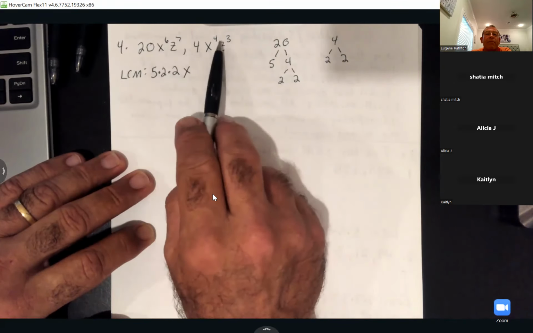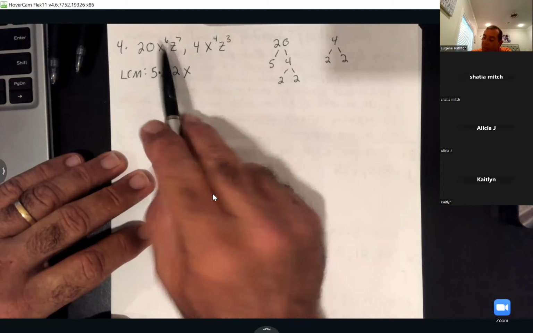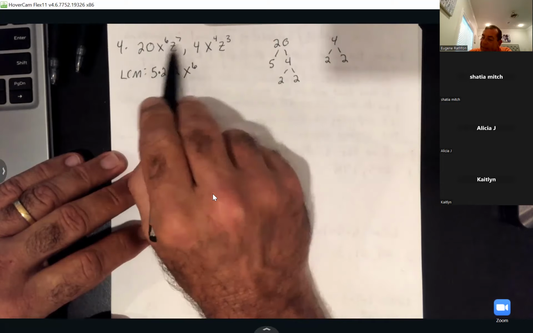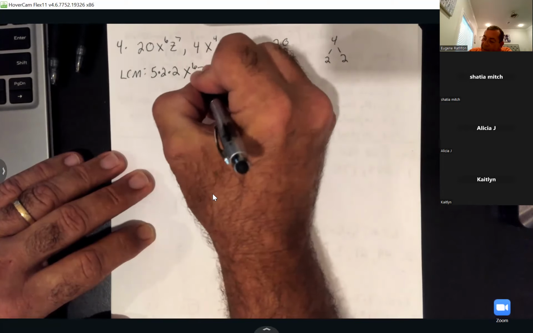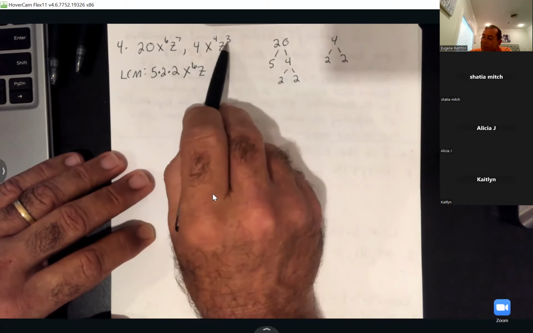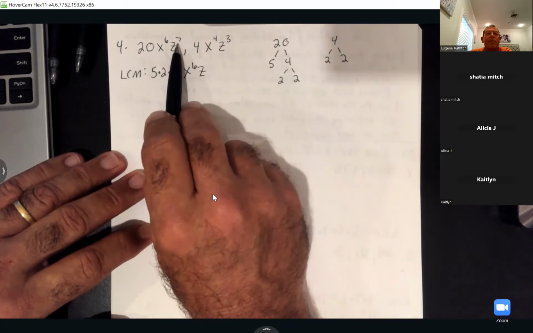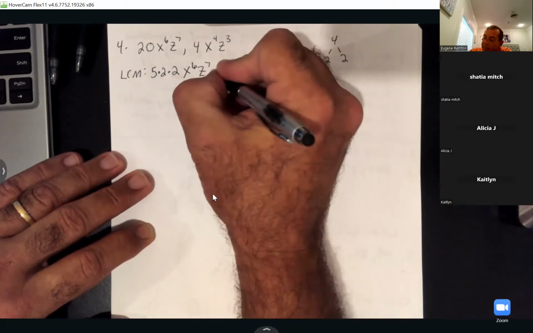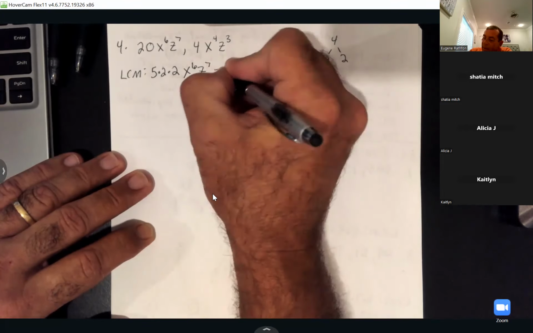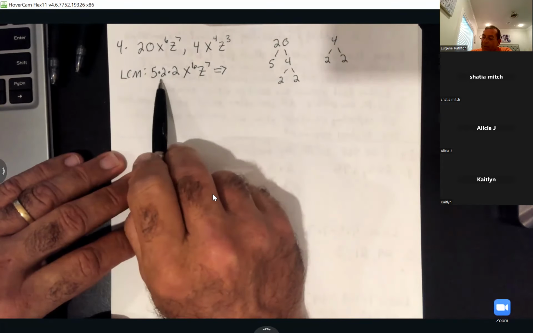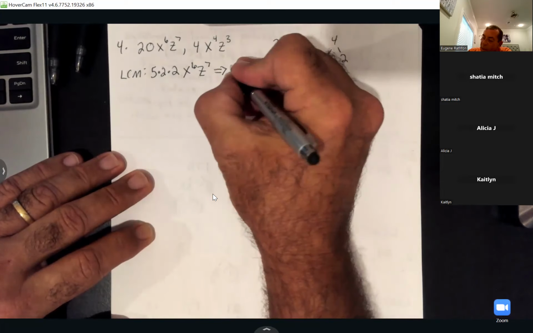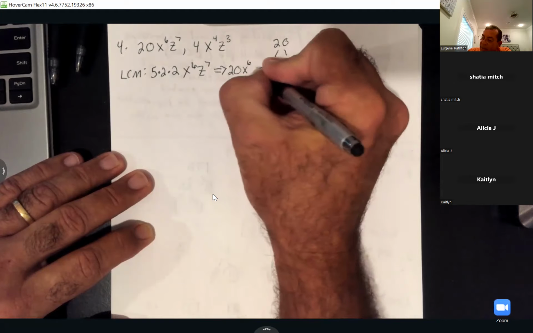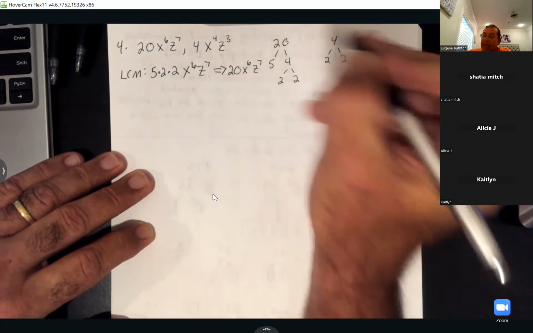So I got a 6 and a 4. The highest exponent would be the 6. And then I got z's in both of these. And the z has the exponent of 3 and the exponent of 7. Largest exponent would be the 7. So y'all, 5 times 2 is 10, times 2 gives me 20. x to the 6, z to the 7.